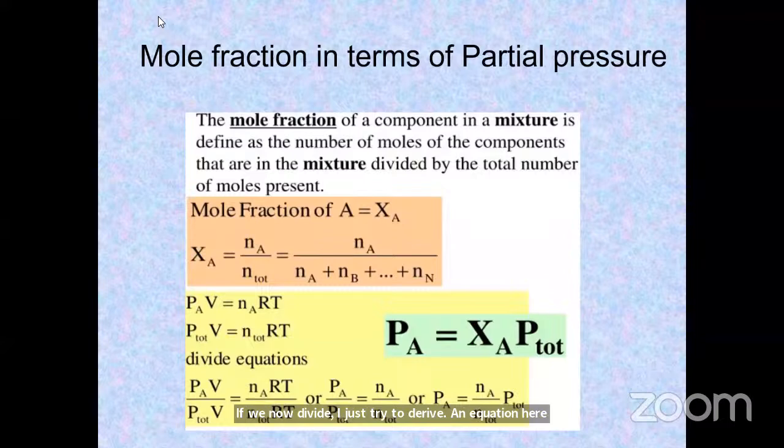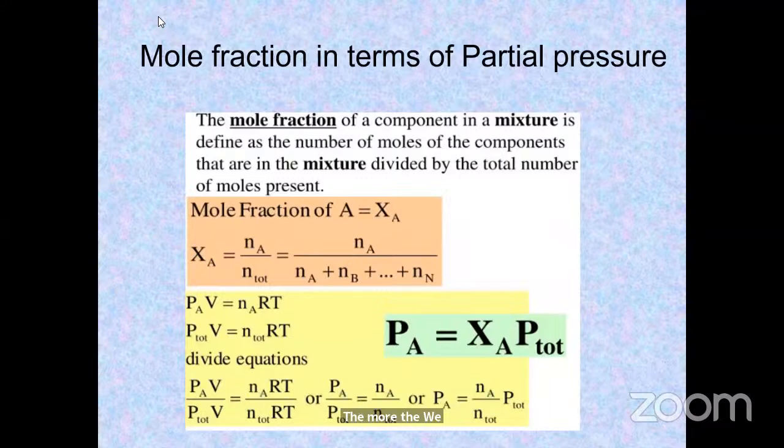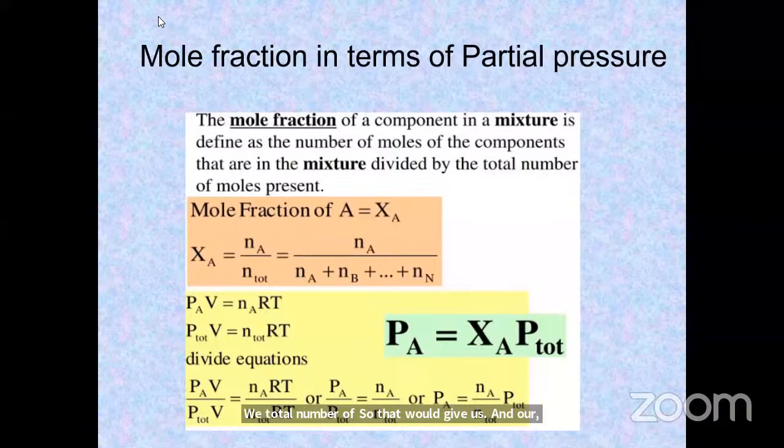If we now divide PAV by P total V, the gas equation as related to A divided by the total, that will give us NART divided by N total RT.